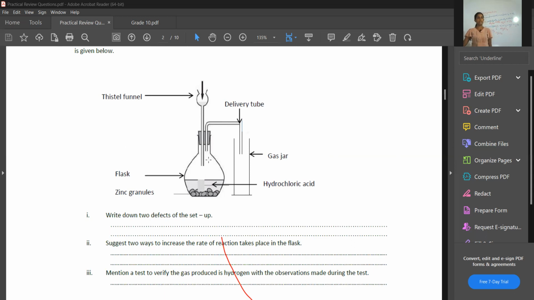And here the hydrogen gas is produced, so the delivery tube cannot be kept like this, because we know that hydrogen gas is less dense than air. So very easily it goes up, and we cannot collect it. So the delivery tube should be closer to the bottom of the gas jar. That is how we have to correct the setup.